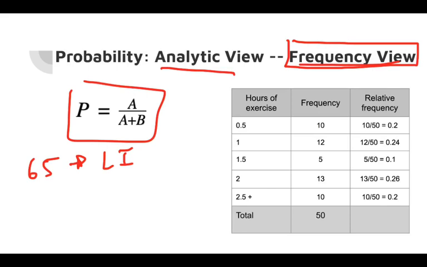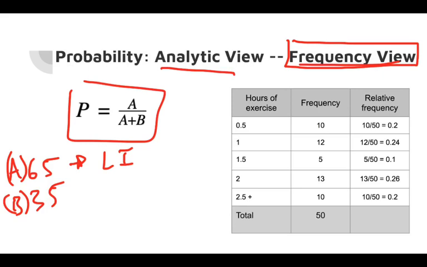We can figure out the probability of someone being lactose intolerant. If 65 are, then we know that 35 are not. So group A are these folks, group B are these folks.